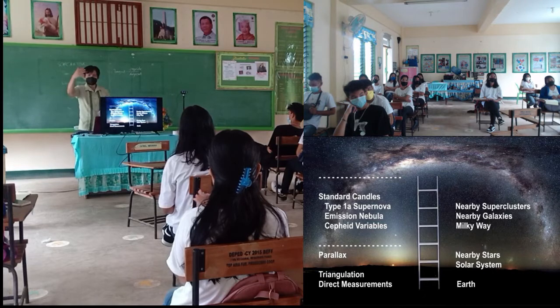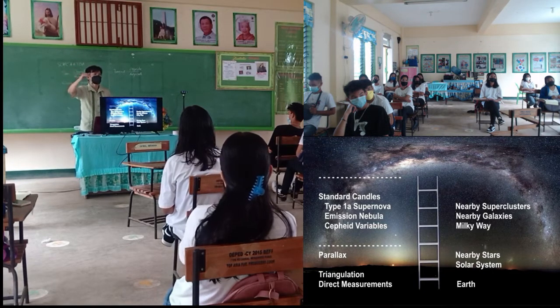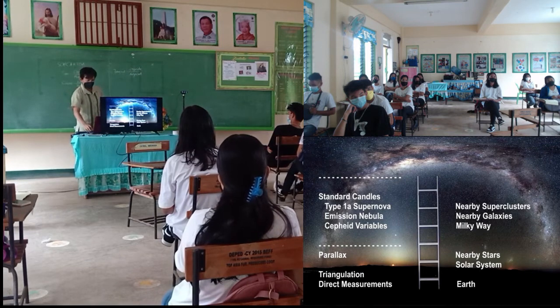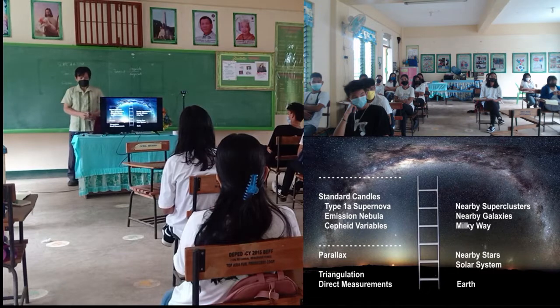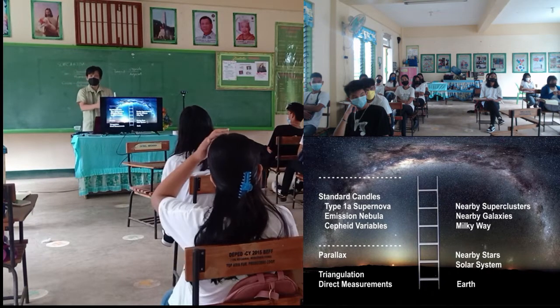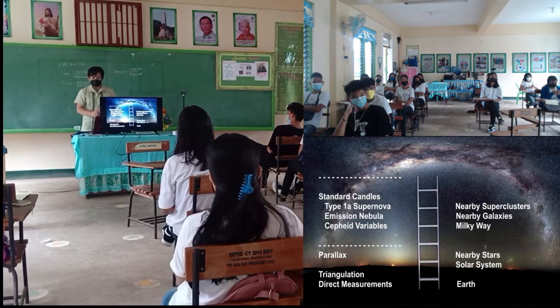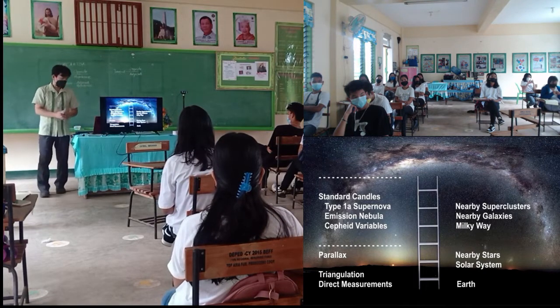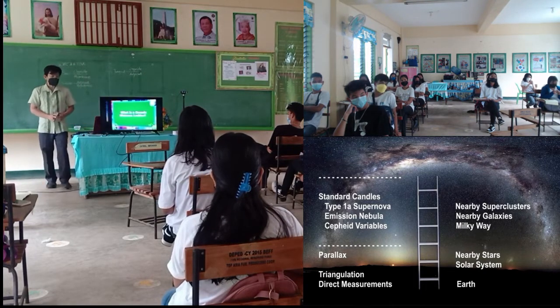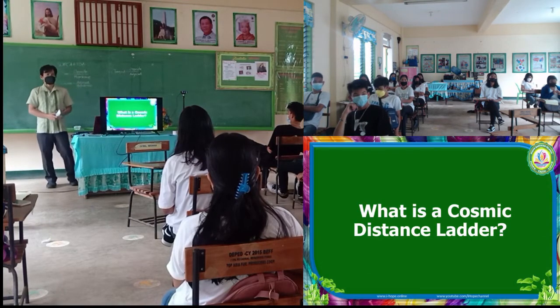Then from our very own Milky Way galaxy to the nearby galaxies and the galaxy clusters. Okay, so we'll discuss each of these terms in detail. We'll start with what is a cosmic distance ladder.